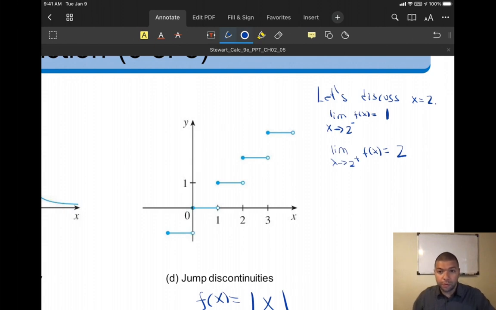So the side limits are different. So f is discontinuous at x equals 2. And the same happens at every whole number.